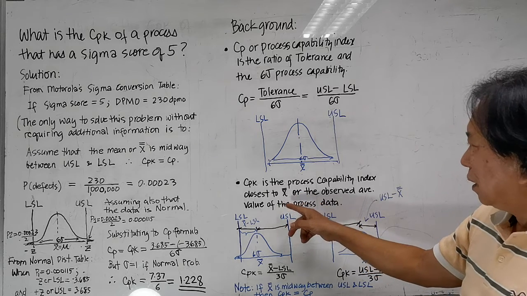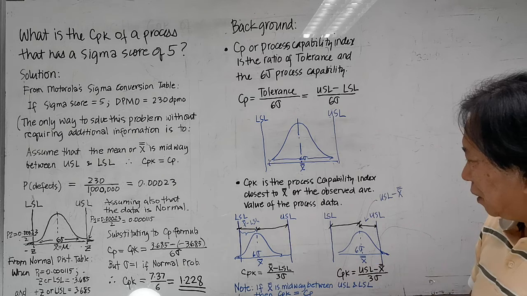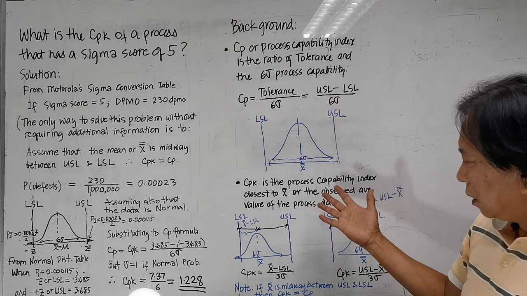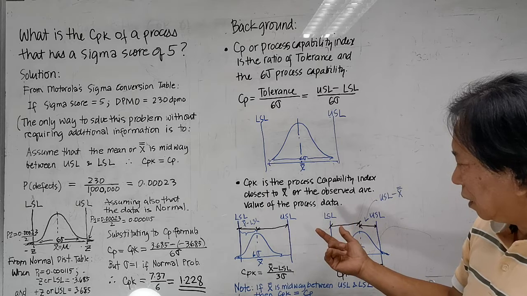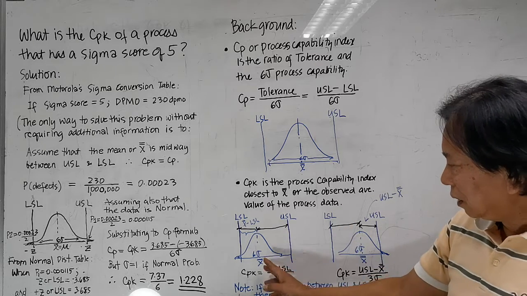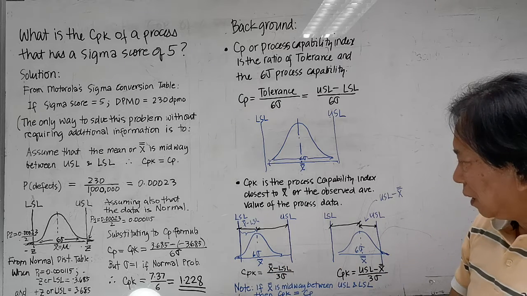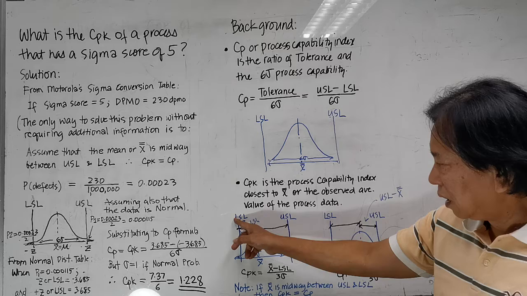Okay? So, I have here two illustrations about the two possible cases of CPK. This case at the left is where the X double bar is closer to LSL.